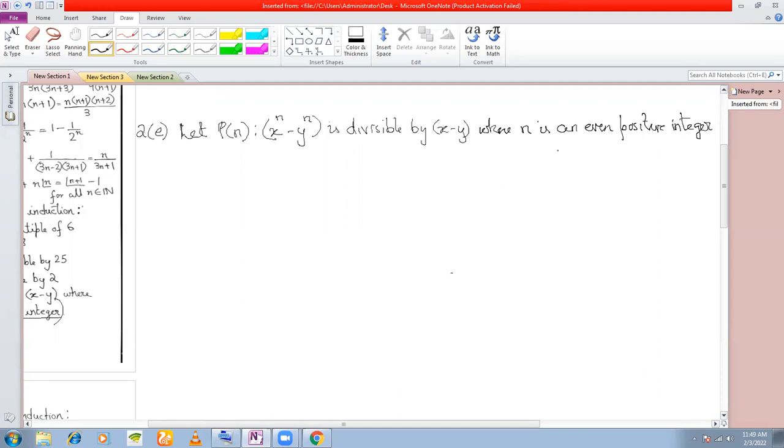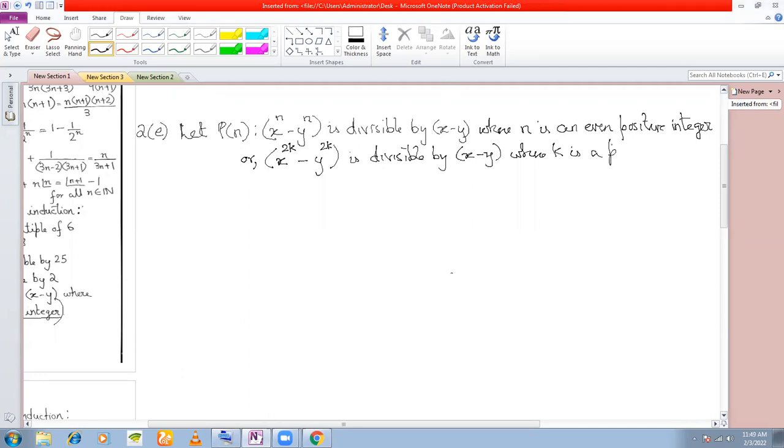Now, as I said, this even natural number, even positive integer is a problem. So we'll just modify the statement a little to include all natural numbers. How do we do that? This can also be written as x to the power of 2k, because any even number can be written as n is equal to 2k, right? x to the power of 2k minus y to the power of 2k is divisible by x minus y, where k is a positive integer.